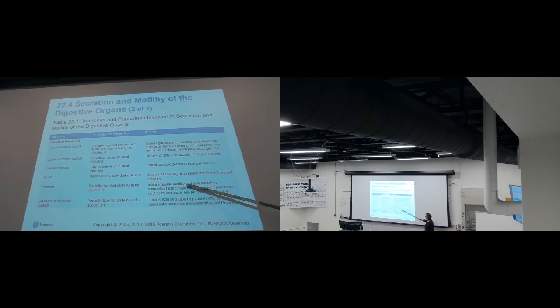And then not only does secretin inhibit the motility of the stomach, but it also stimulates the release of bicarbonate by the pancreas. Many of these enzymes from the pancreas work at a neutral pH. And bicarbonate is not only for the functioning of the enzymes, but also because the chyme is very acidic, so you need to neutralize it with bicarbonate.